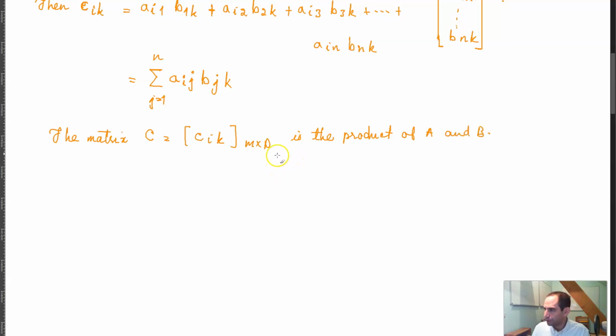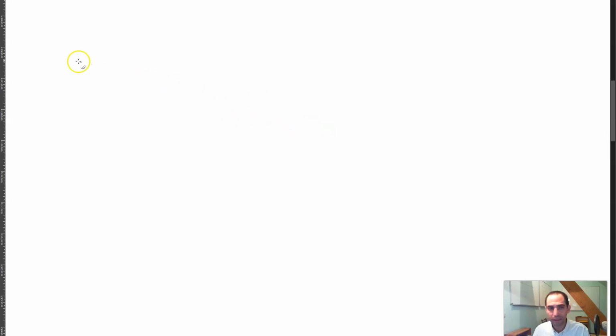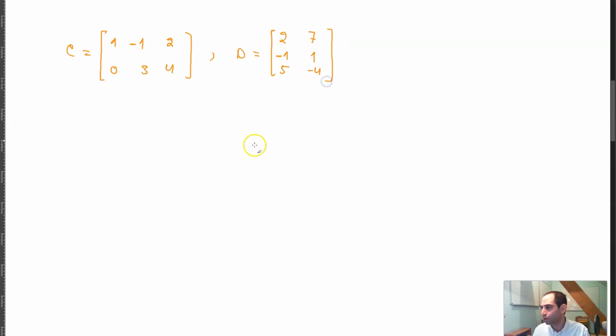As an example, if you have some matrix like C is equal to 1, -1, 2, and 0, 3, and 4, and if you have D as another matrix 2, 7, -1, 1, and 5, -4, right?